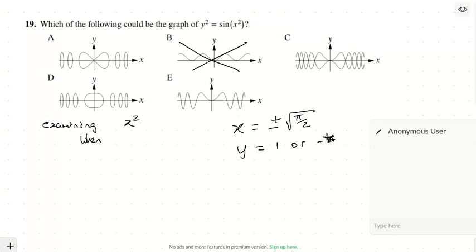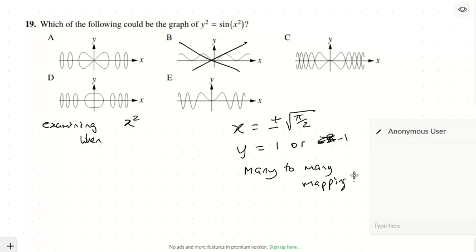So when x is positive or negative root pi over 2, y is 1 or minus 1. In fact, this reminds me of a circle or something like that, with lots of different x values giving lots of different y values. It's a many-to-many mapping. Many x values give you many y values, or exactly, in fact, two x values give you two different y values here. It's a many-to-many mapping.